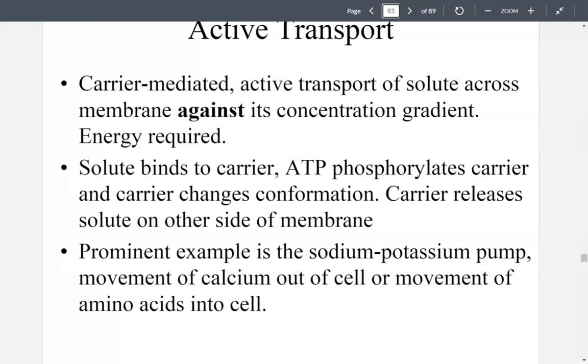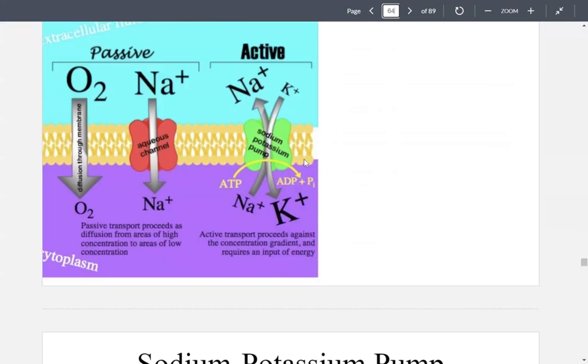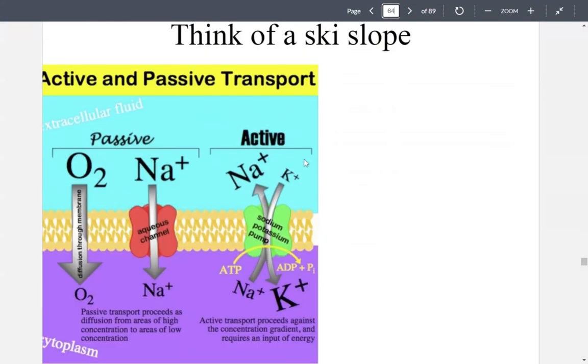We're also going to see this format of transport with the calcium pumps. Calcium pumps are extraordinarily common with the skeletal muscle system as well as the cardiovascular system. And this is also going to be how amino acids, many of them, not all, but many, move in and out of the cell. So let's talk about the sodium-potassium pump.